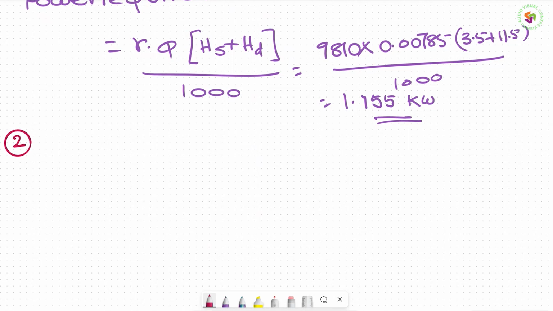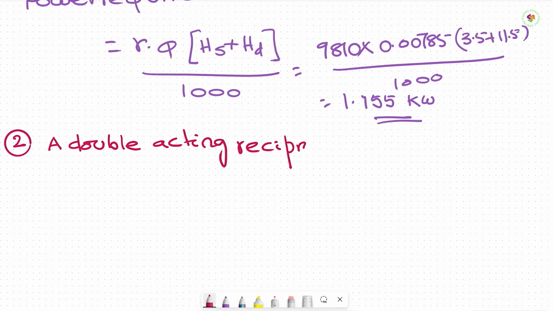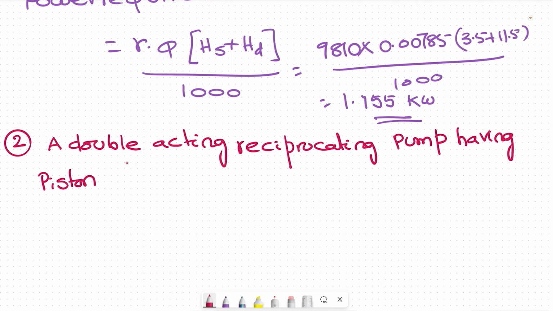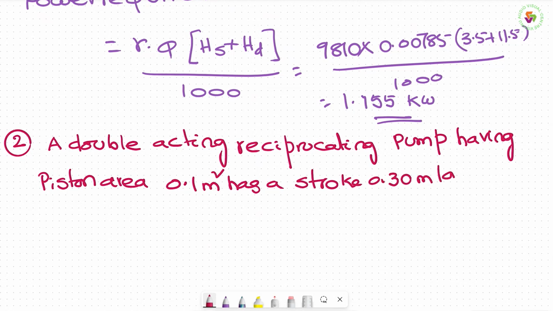The second problem, just for your sake, I will do a double acting reciprocating pump. Having piston area 0.1 meter square, it has a stroke 0.30 meters long.